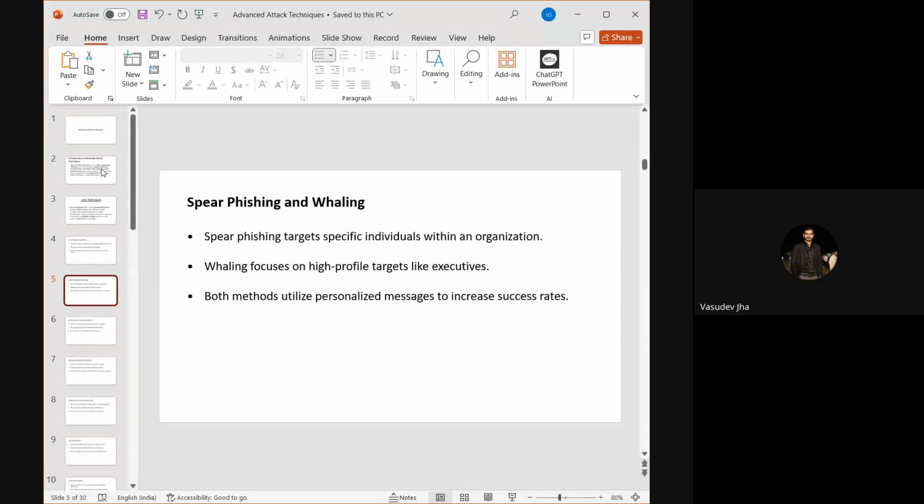But when it comes to high-level individuals, we usually don't use spear phishing, because on a general perspective, normal or common people have a collective approach. If you want to buy a car, I'm giving an example, it may cost around 20 lakh or 25 lakh.